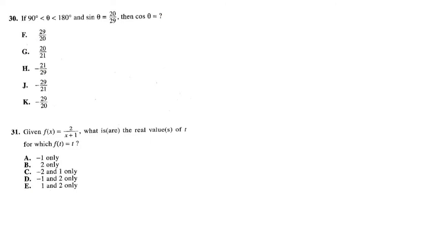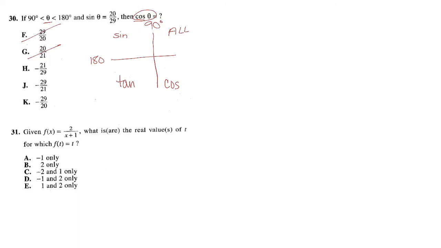Okay, so we have another trig problem, and we are told that our angle theta is between 90 and 180, so that's going to be over here in our second quadrant. Now, immediately we're asked for cosine of theta. I know all trig functions are positive here, sine here, tangent down here, and cosine down here. So if I'm looking for cosine in this quadrant, second quadrant, my answer has to be negative.